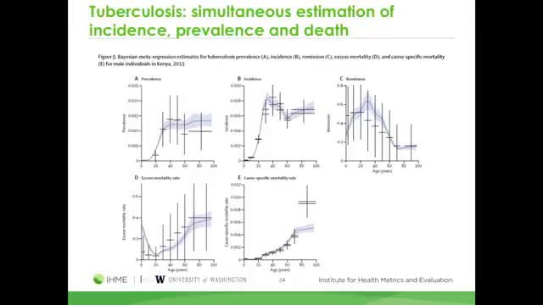Those are coming from a global assessment or review of all the data on remission, and that's why the uncertainty intervals are very wide. And the same for the excess mortality rate. And then we have verbal autopsy-based estimates of cause of death. And the blue line is the internally consistent estimate of all the parameters at once in this Bayesian meta-regression environment. And that's what we've used for estimating the epidemic.